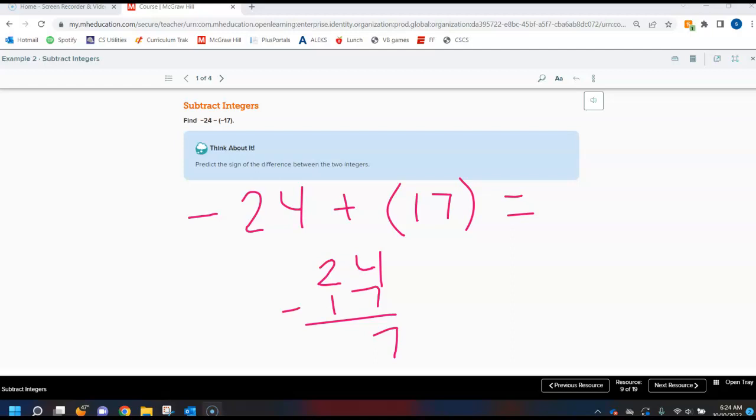But since my bigger, quote-unquote, bigger number is negative, my answer will be negative 7. So again, we're going to change this to an addition problem and then use the rules we talked about when we were adding integers. So if we're adding and we have one positive, one negative, we actually subtract the numbers and then take the sign of the number with the larger absolute value.